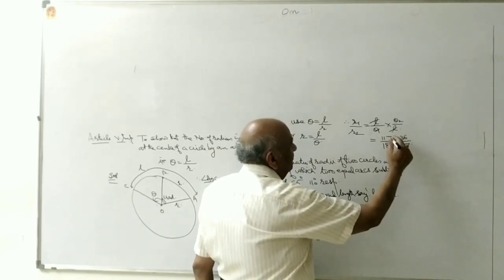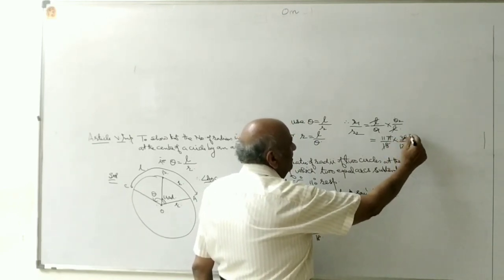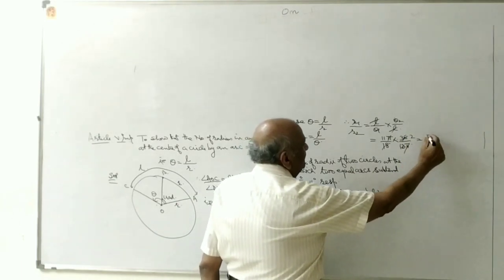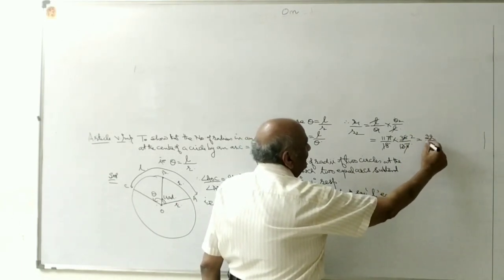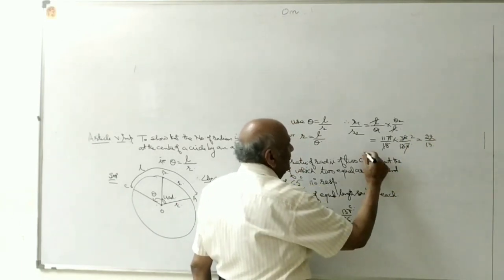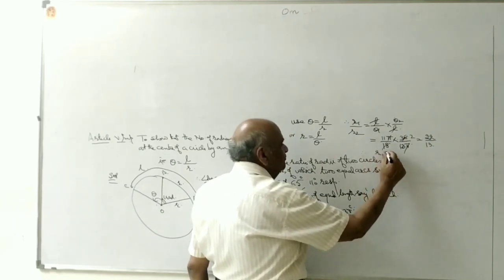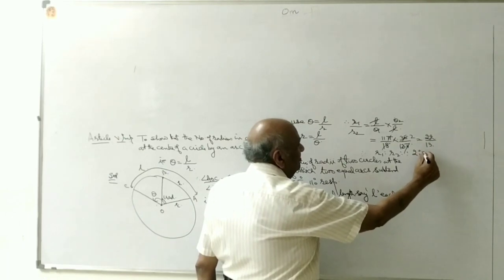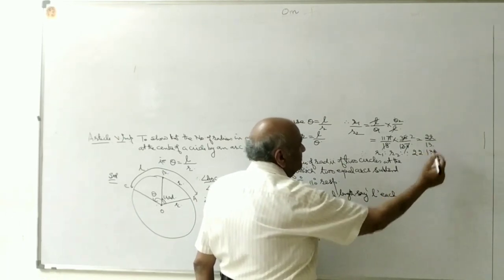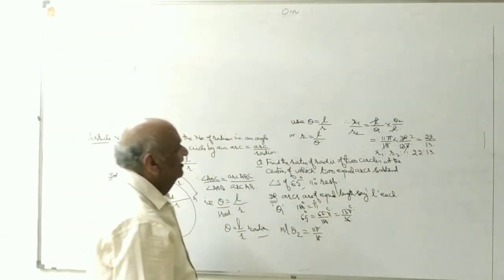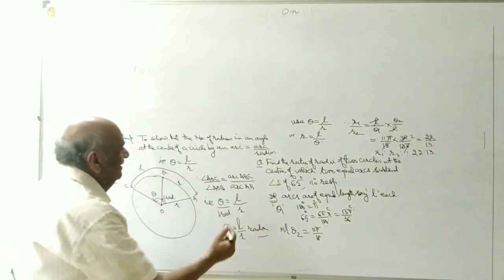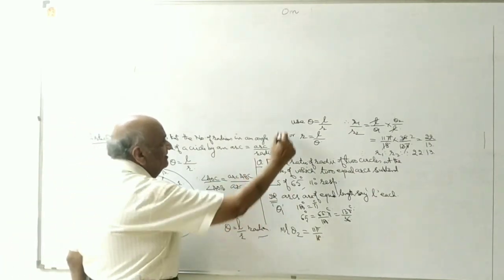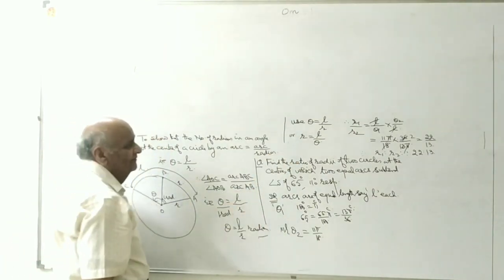Now the pi will go, and the value is 22 upon 13. Therefore, R1 is to R2 is 22 is to 13. This is the way we apply theta is equal to L upon R.